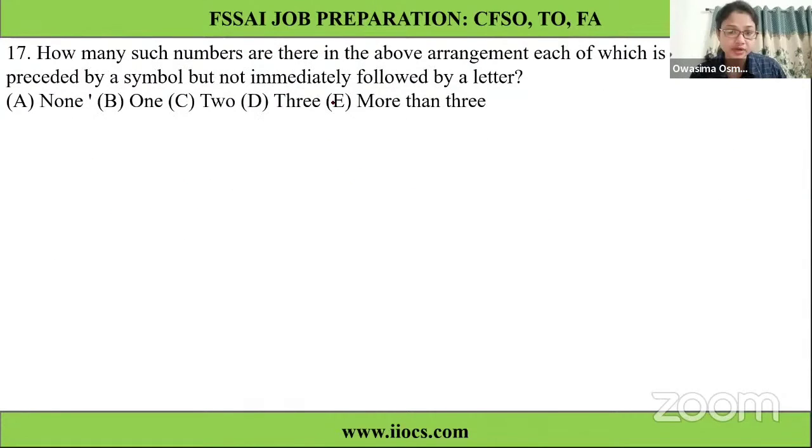Next, how many such numbers are there in the above arrangement, each of which is immediately preceded by a symbol but not immediately followed by a letter?